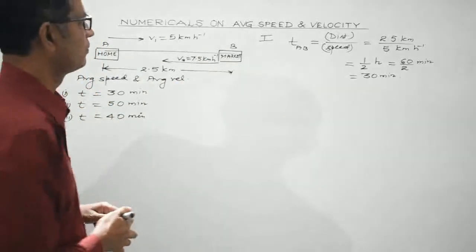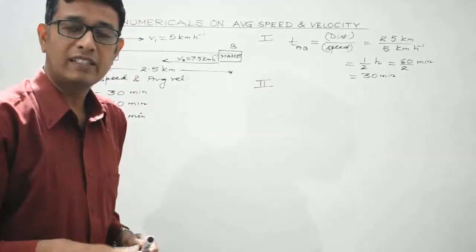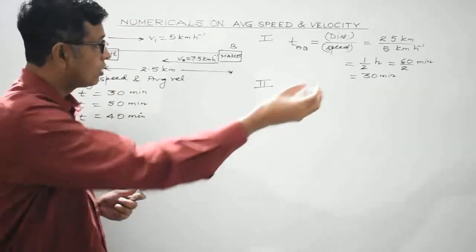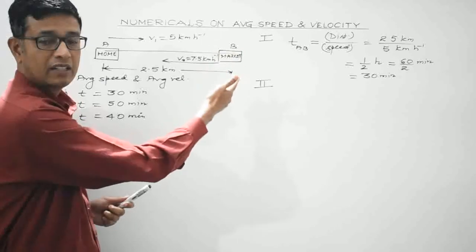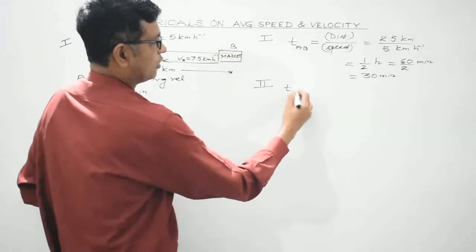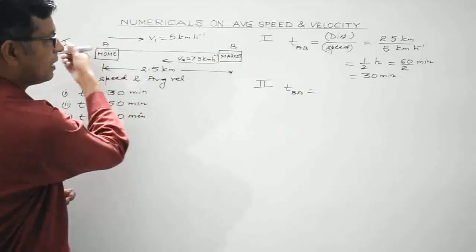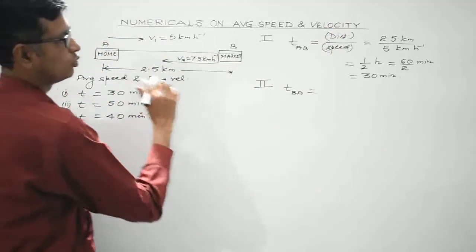Second step is to find the time taken by the person to come back from the market to his home. For that, let's find T_BA. Again, same formula, distance over speed. While coming back, he is covering the same distance of 2.5 kilometer.